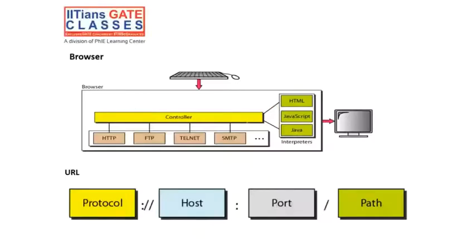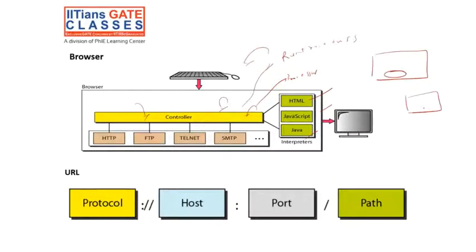So where do we use HTTP? See the browser, how the browser configuration is there. This is your browser, this is your controller. Controller means where you run the scripts or some file, your HTML, your JavaScript, your Java, means some interpreter or compiler, whatever. That's a part of the controller. Controller is like a small processor. Let's say in a storage box we have a controller, and on a server we have a controller.